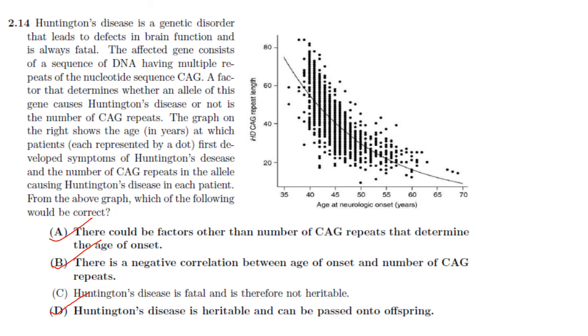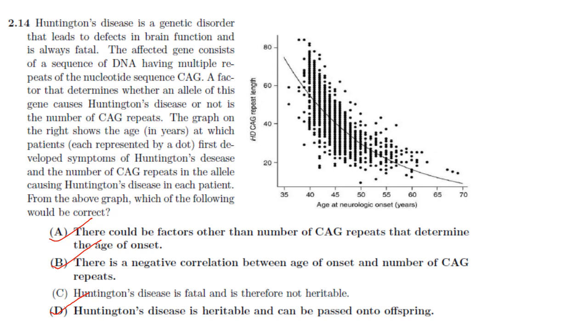From the above graph, which of the following would be correct? There could be factors other than number of CAG repeats that determine the age of onset. Yes, that is correct. Not only CAG repeats, there may be other repeats also that determine the age of onset. Then there is a negative correlation between age of onset and the number of CAG repeats.